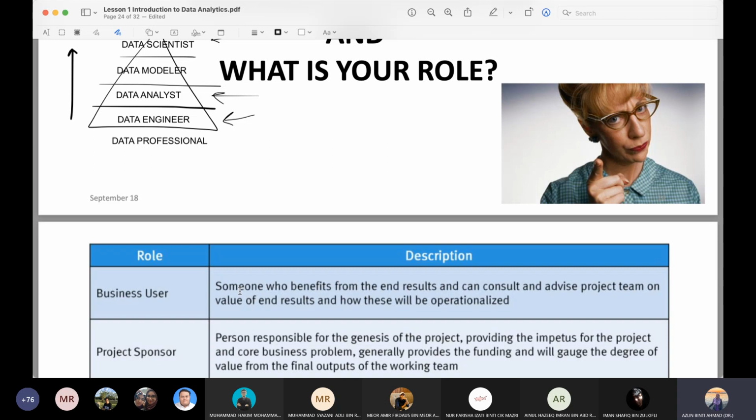Value you tu bila pergi kat luar, you have the Microsoft certificates tu, orang lagi pandang you.